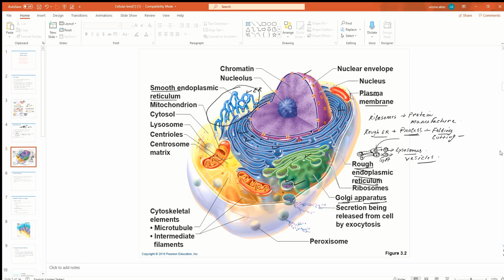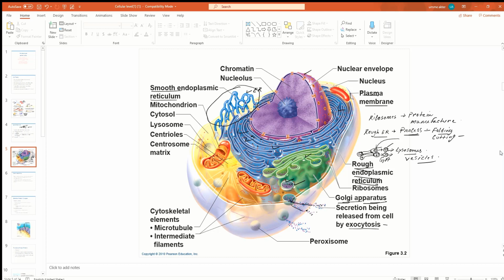Then they go to the cell membrane, or plasma membrane, attach to it, and rupture to release the protein molecules. It could be an enzyme, a hormone, or other secretions, and that process is called exocytosis.